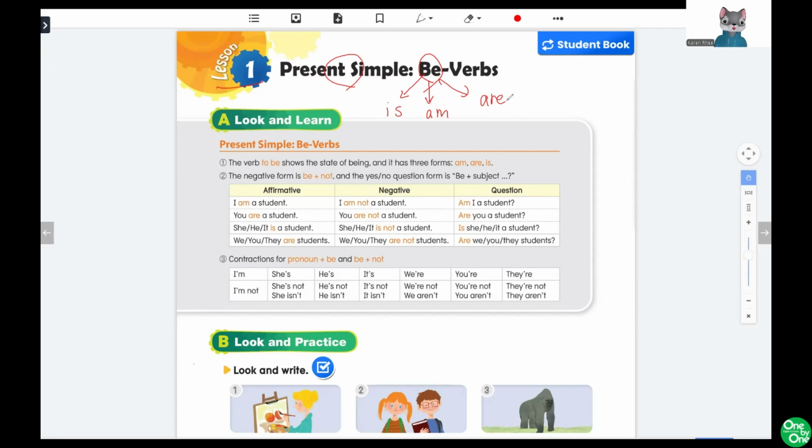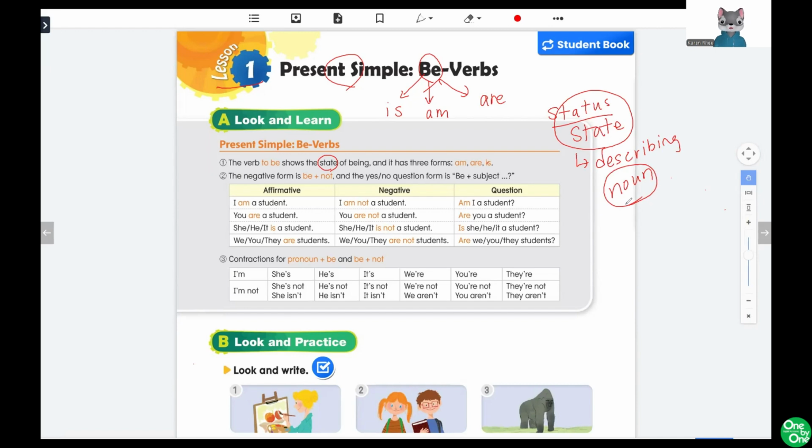When we're showing somebody a certain state, we use is, am, and are. So when we're talking about statuses or the state, that's when we use the be-verbs. Or we use them when we're describing a noun.